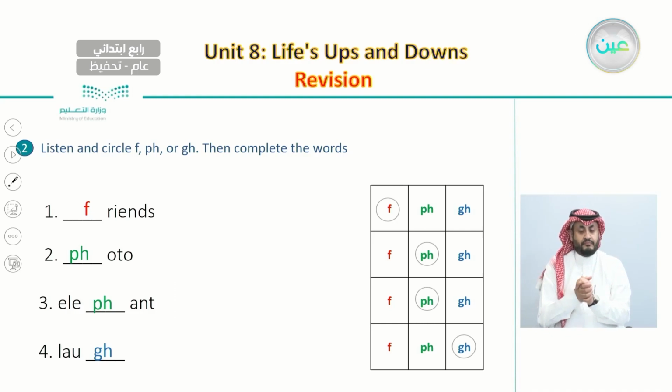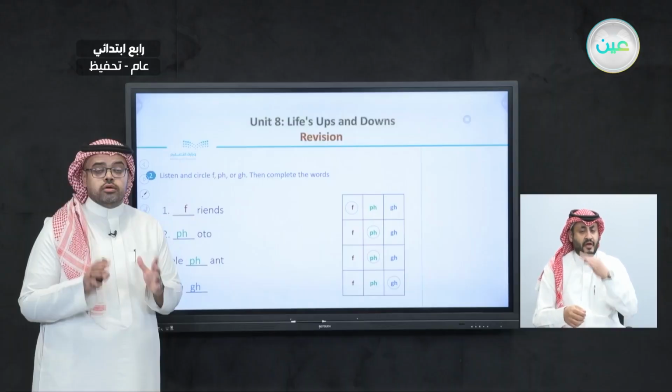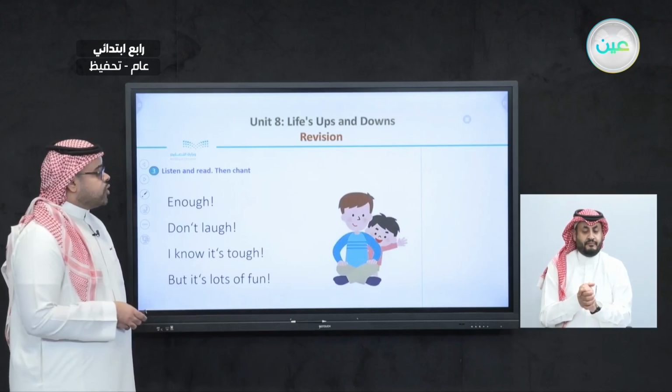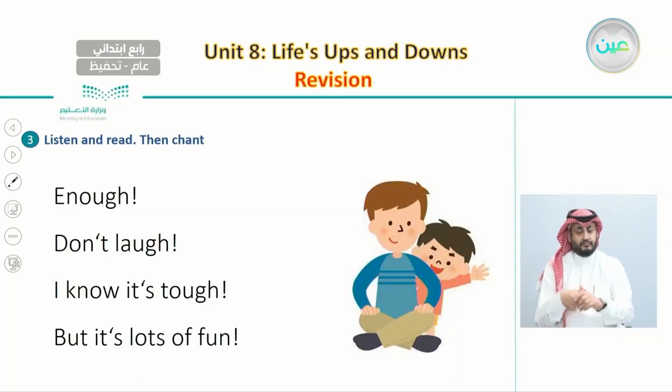And now we go and circle it here on the table. Such exercises are important as they help us to differentiate between the different letters that share the same sound.